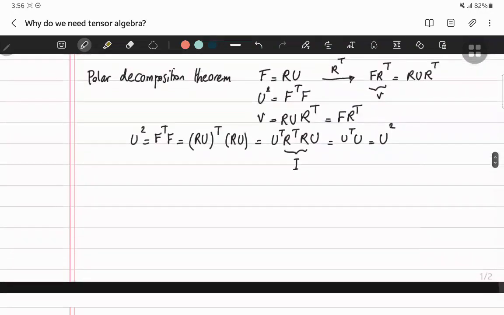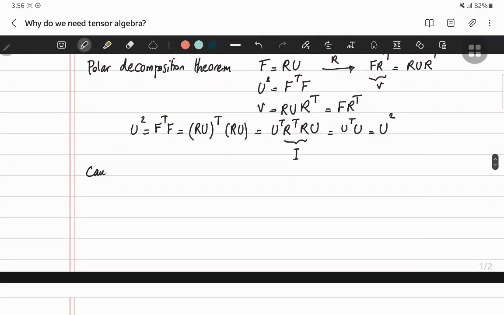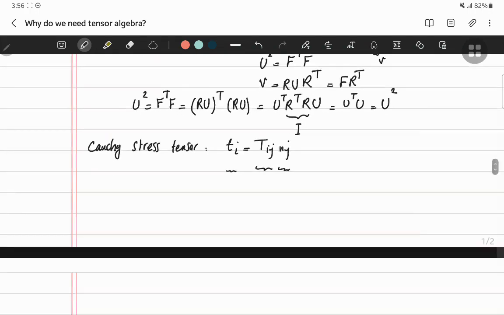Next, we have for example the Cauchy stress tensor. So the Cauchy stress tensor is Ti equal to Tij nj. This is a tensor, this is a vector. Finally, you get a vector. So you have to know how to use this kind of notation.